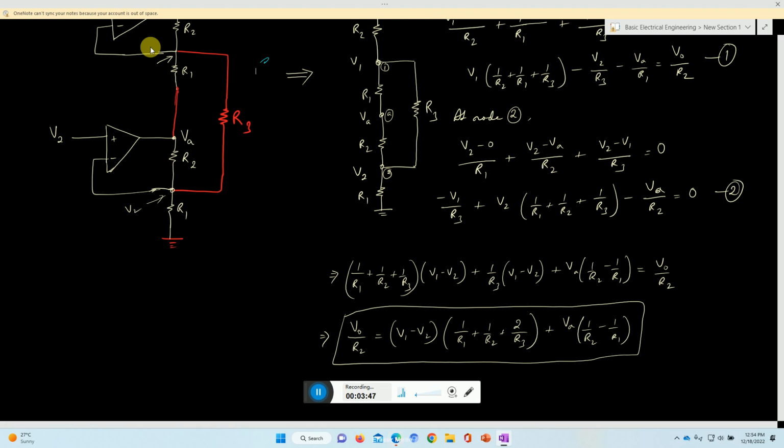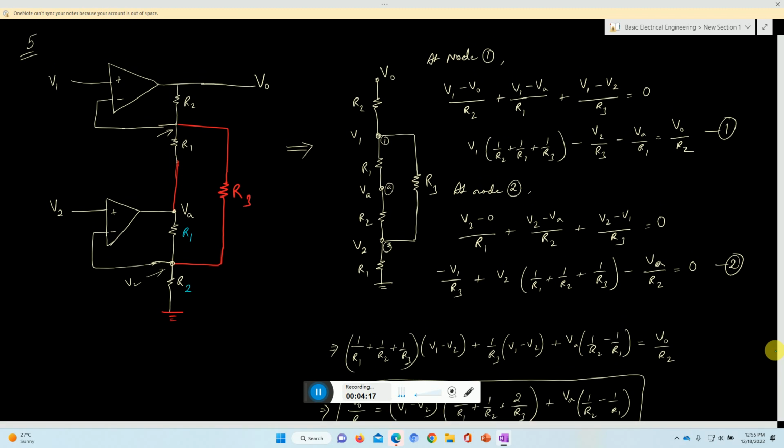So what we will do is, if R2 and R1 were the same, this would probably have been eliminated. So we take this one as R1, which is the same as the other R1, and this one as R2, and see what changes in the equation. Some things will change: this will be R1 and this will be R2, and the rest remains as it is.